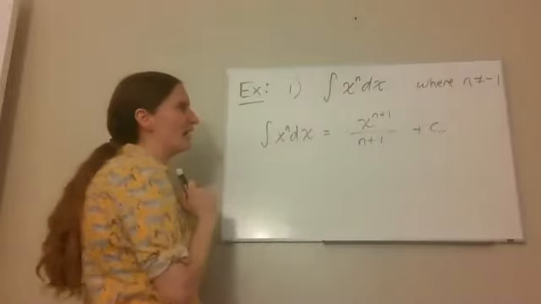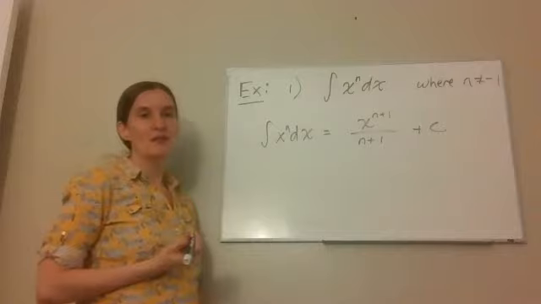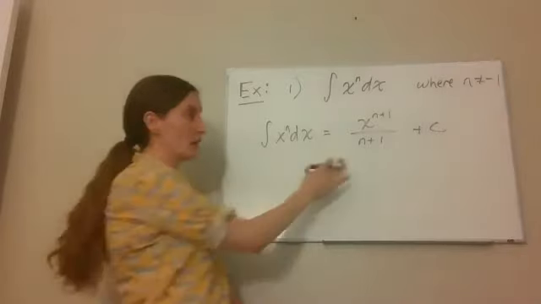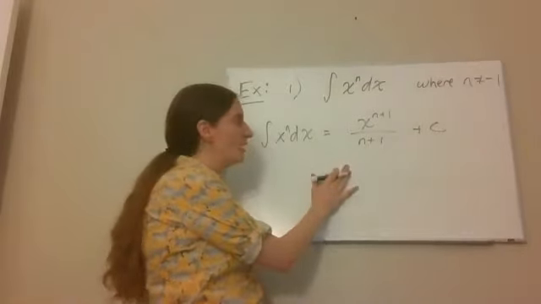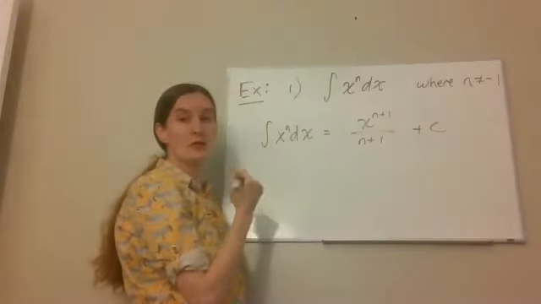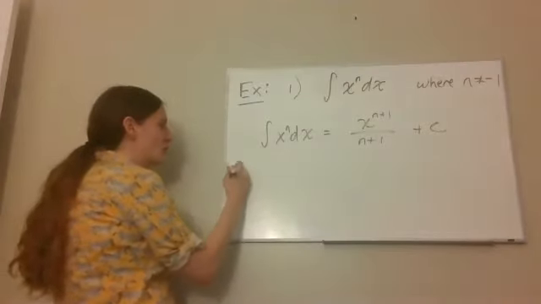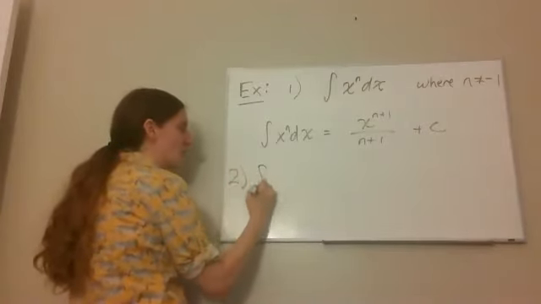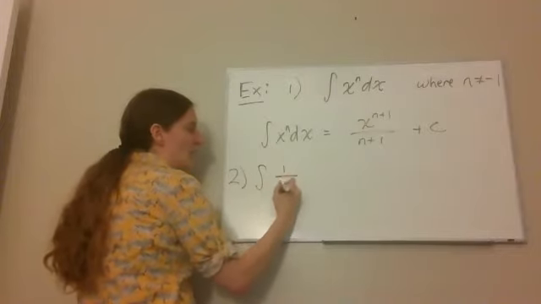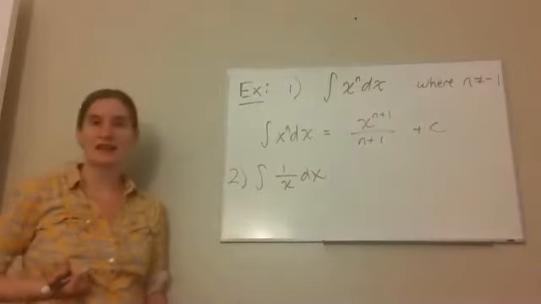Now, why did I say n is not -1? Well, because if n were -1 and I use this formula here, I would have an x to the 0 divided by 0. And we're not allowed to divide by 0. So what would we do if we had this situation where n is -1? That's where it looks like this.